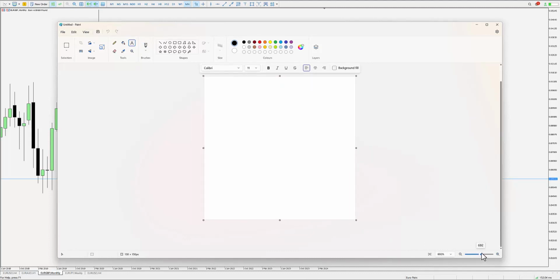Right. When you want to define, say, the bias on Euro GBP, this is what I found to be quite an easy way of getting a definitive bias on where Euro GBP is going to trade to. So if you want a bullish bias on Euro GBP, right?